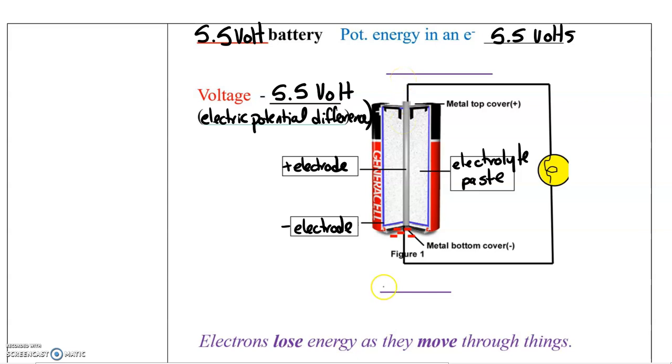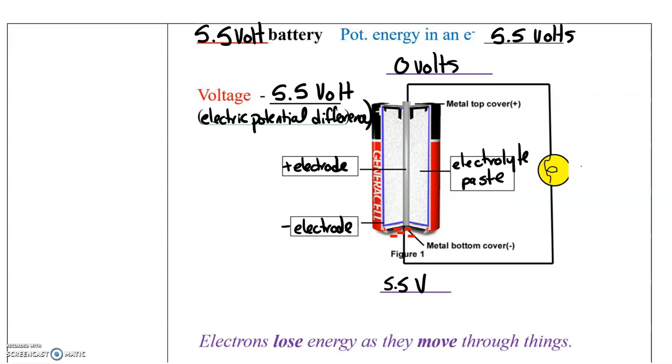So it starts out here as 5.5 volts, and then as the electron goes through, it comes back with 0 volts. So the difference, 5.5 minus 0, is 5.5. So electrons lose all of their energy as they move through things. You can have all kinds of different things. Sometimes we call these things resistors.